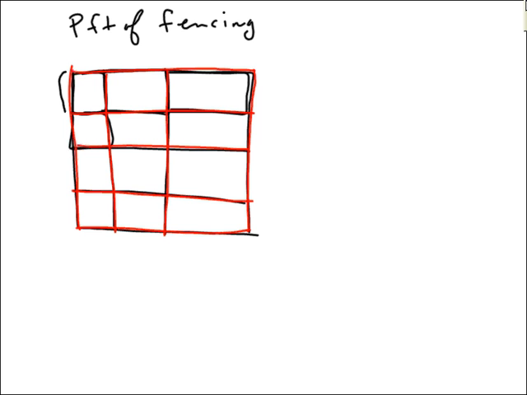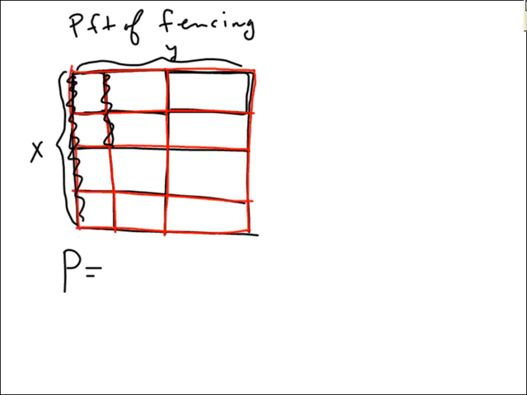Well, if I call this x and I call this y, well, the perimeter is how much fencing I need to buy. Well, going up and down, I need x feet here, and another x feet of fencing here, and here, and here.